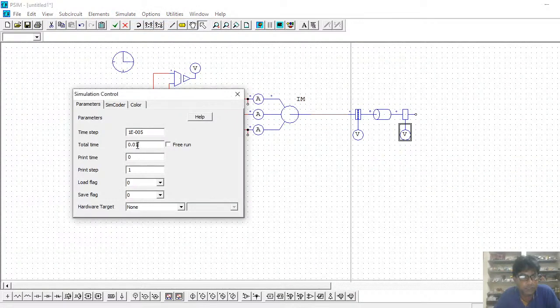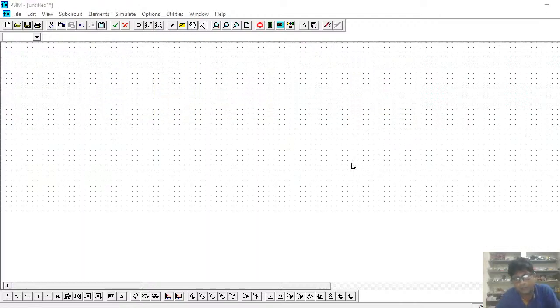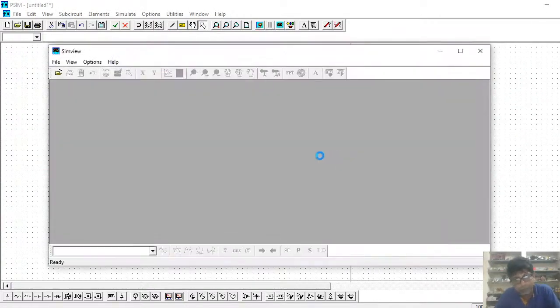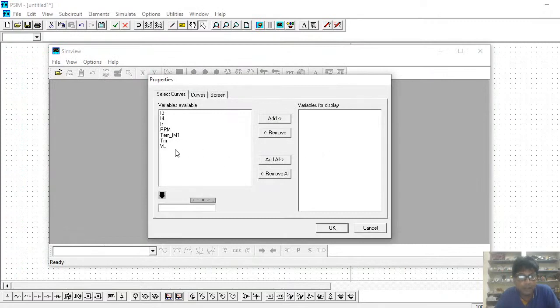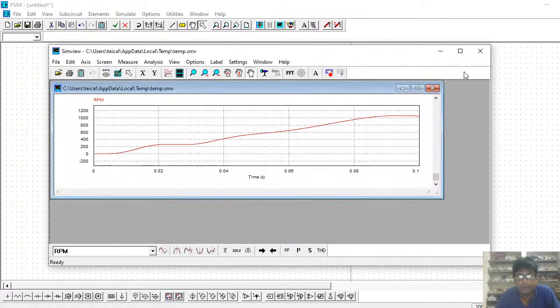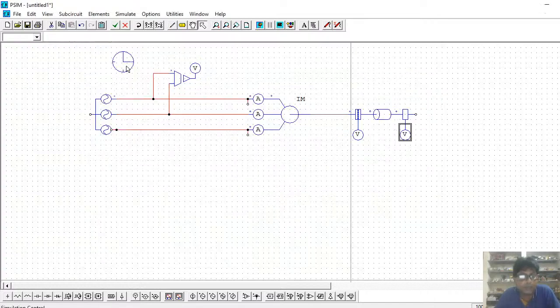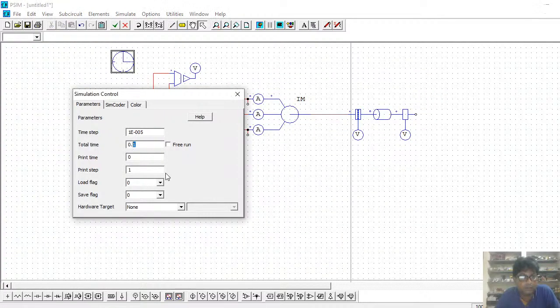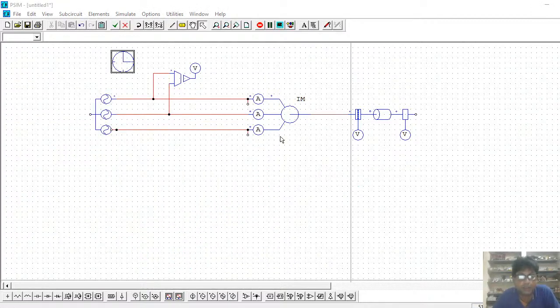Total time, you can take 0.1 second. Now if you simulate, see all the parameters came here. We will check the RPM. It will take slightly more time, so we will take 0.5 so that we can see it, because it's direct online starting.